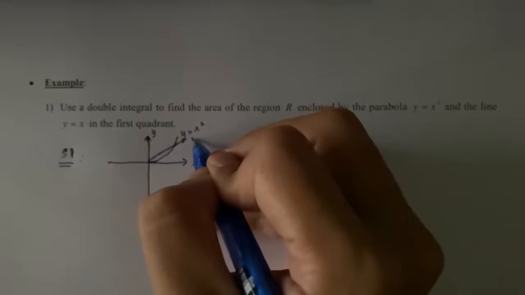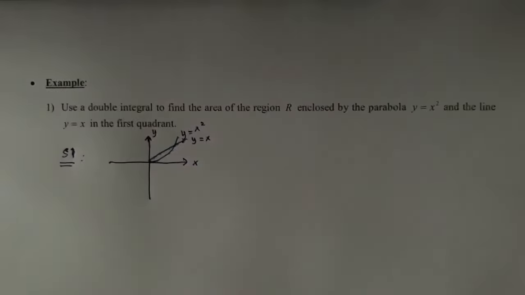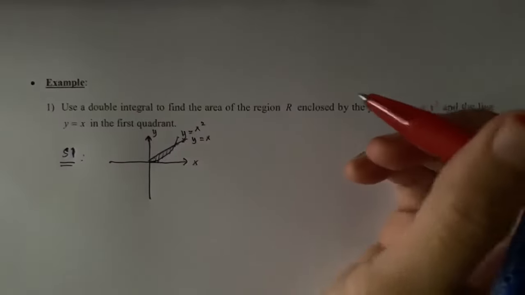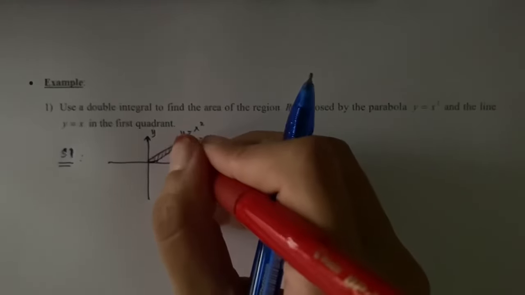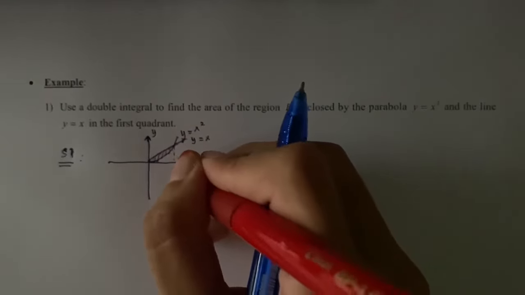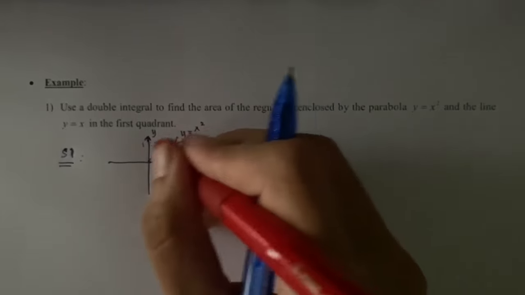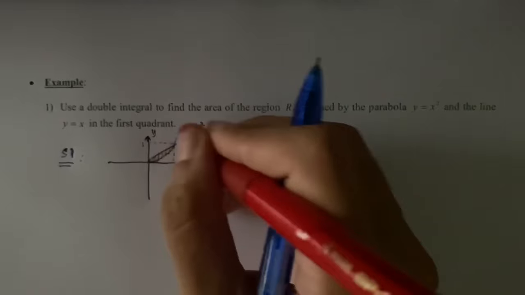And this is your region, with intersections at 1 and 1. First quadrant means this quadrant. This is the second quadrant. First quadrant, you just have this one.